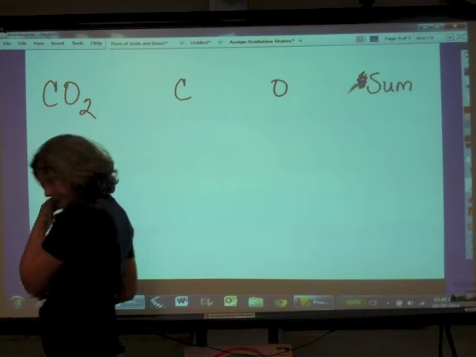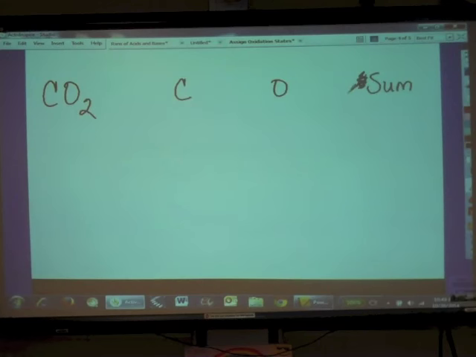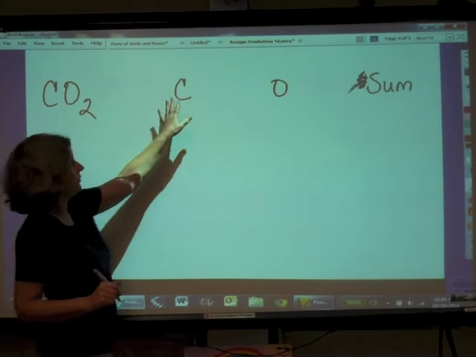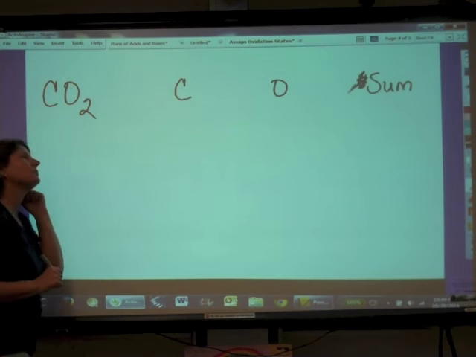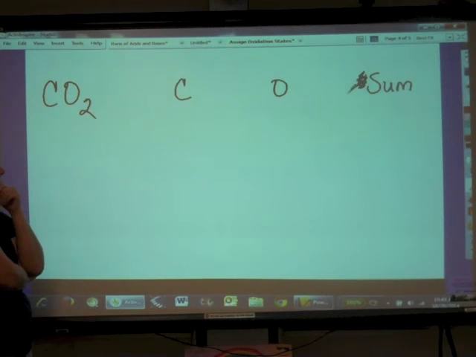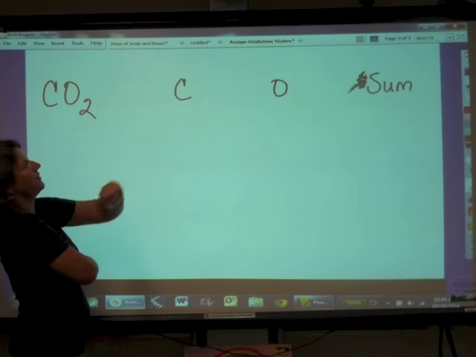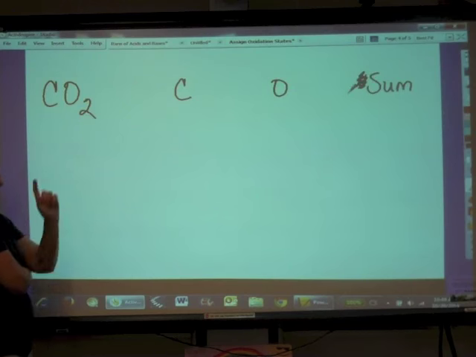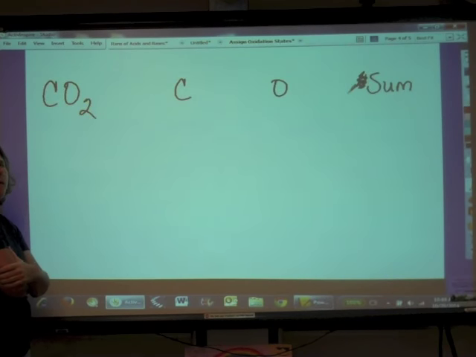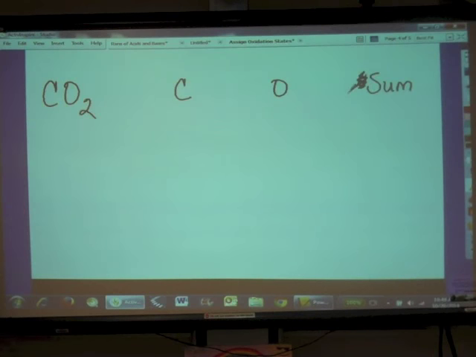All right. So if I look at these two elements, carbon, I have nothing to guide me, but if I look back at my guidelines, I know that oxygen, when it's in a compound, always has the same oxidation state. And that oxidation state is -2. So I know that.